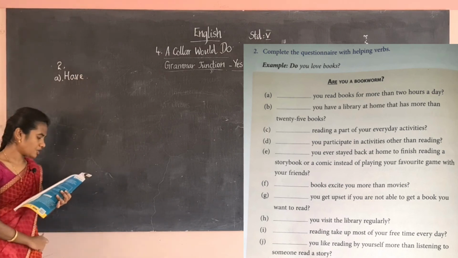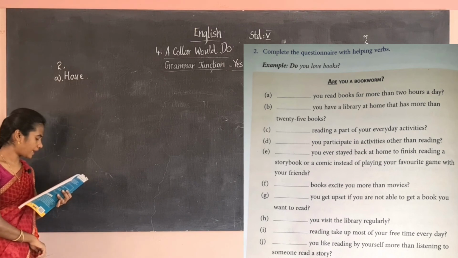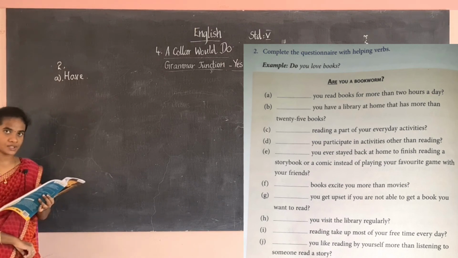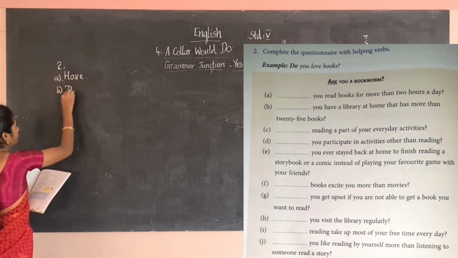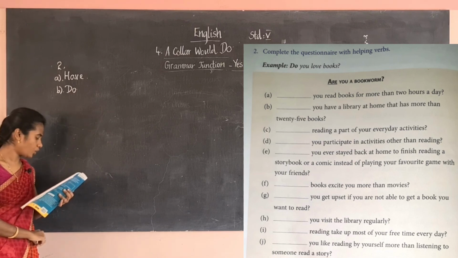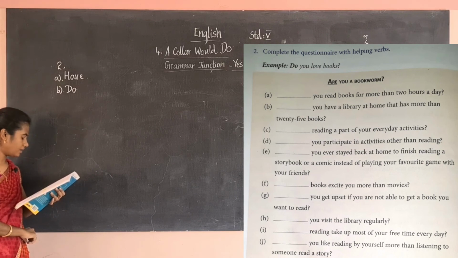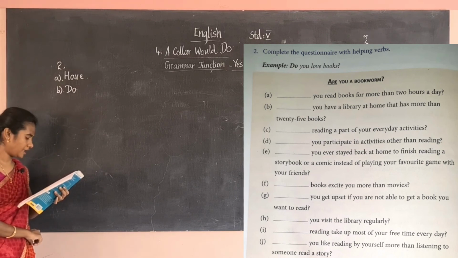Then B: dash you have a library at home that has more than 25 books. What helping verb can you use? We can use do. Do you have a library at home that has more than 25 books? The next one, C: dash reading a part of your everyday activity.